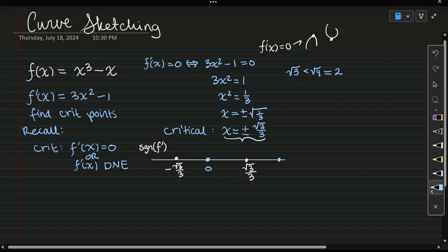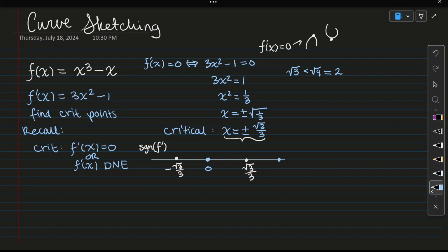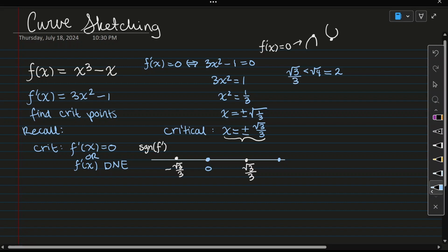So root 3 is less than 2, and dividing by 3, root 3 over 3 is less than root 4 over 3, which is 2/3. So root 3 over 3 is less than 1. I can pick 1 as my first test value over here, and similarly, I can pick -1 over here for my other test value. Let me move this over here.